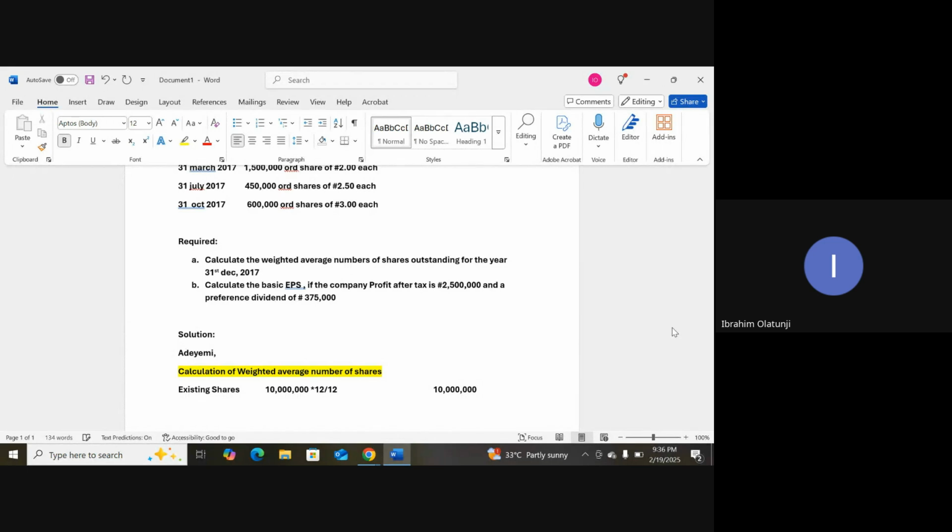No need of saying you want to multiply it by 12 and divide it by 12, because even if you do that, you are still going to get the same 10 million. Do you get my point? Yes. So number of shares.